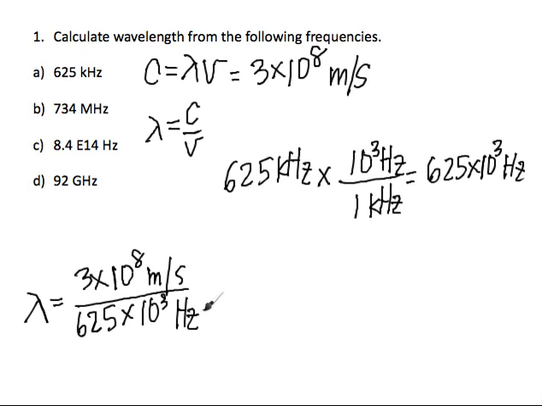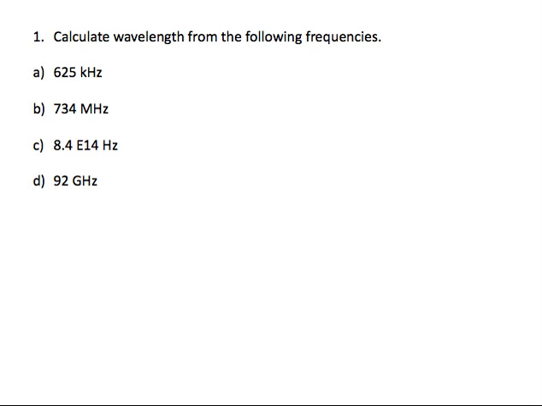So remember that hertz is also equal to 1 over seconds. So that means that this second can cross out and hertz can be crossed out. So that leaves us with, using our calculator, 480 meters. Okay? Now let's go on to the next one, problem B.